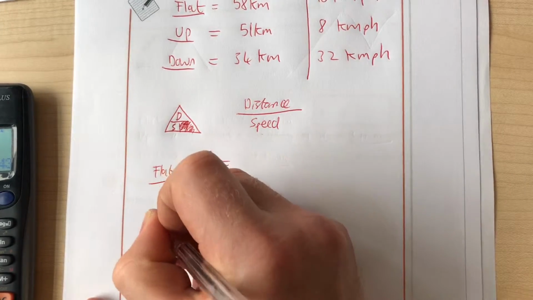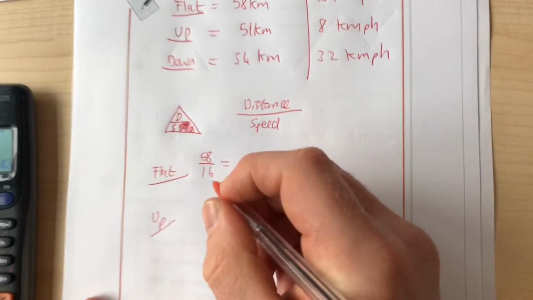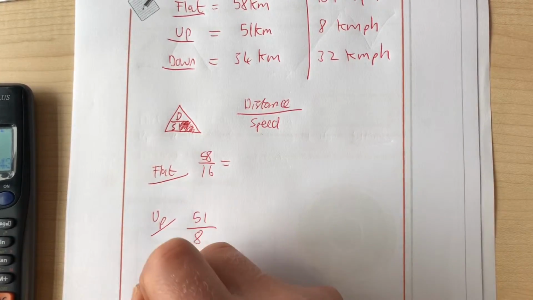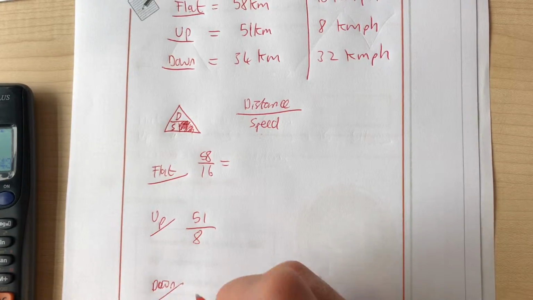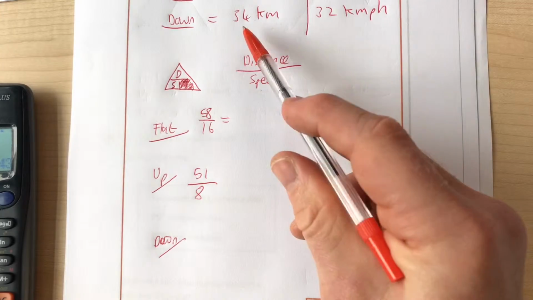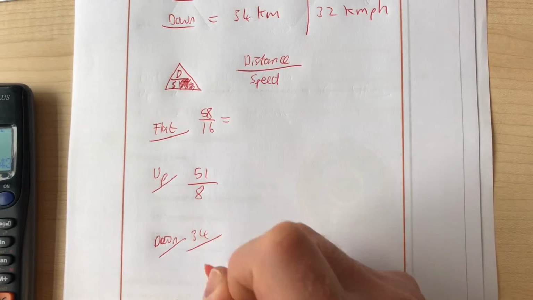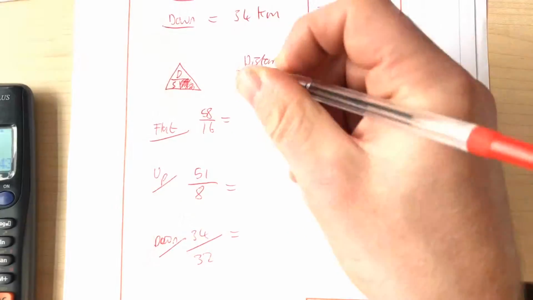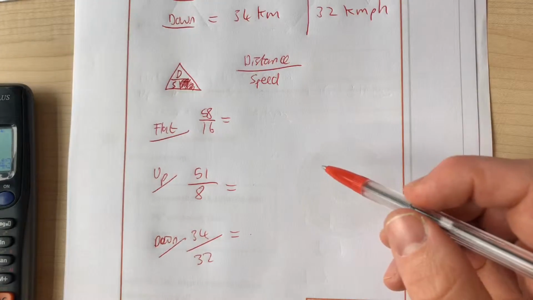For the up, I'm going to do 51 divided by 8. And for the down, we're going to do 34 kilometers divided by 32. And then once we have these three answers, we can add them up to find out how long it took.